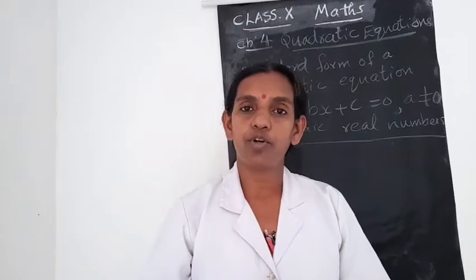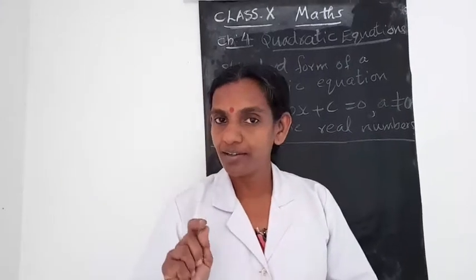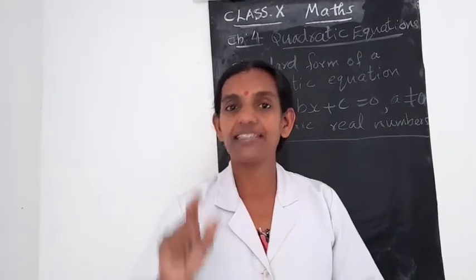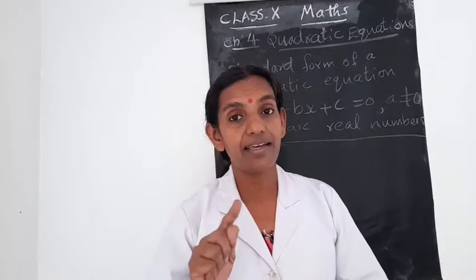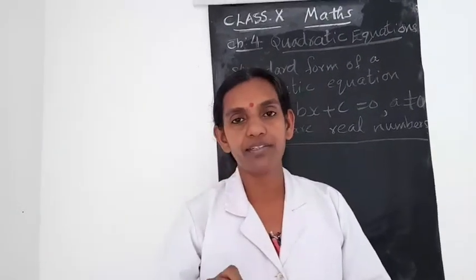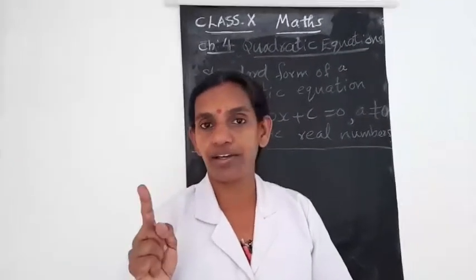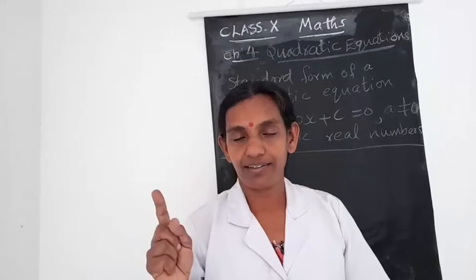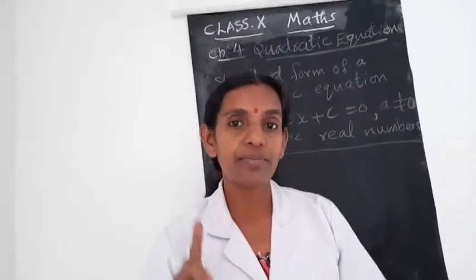Now, quadratic polynomial. Can you say the general form or standard form? The standard form of a quadratic polynomial is ax square plus bx plus c, where a, b and c are real numbers, and the highest power of the variable x is 2.